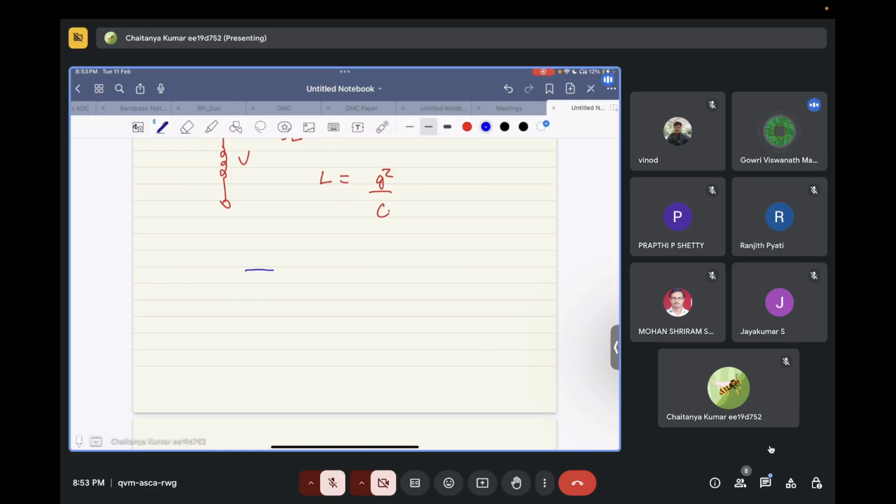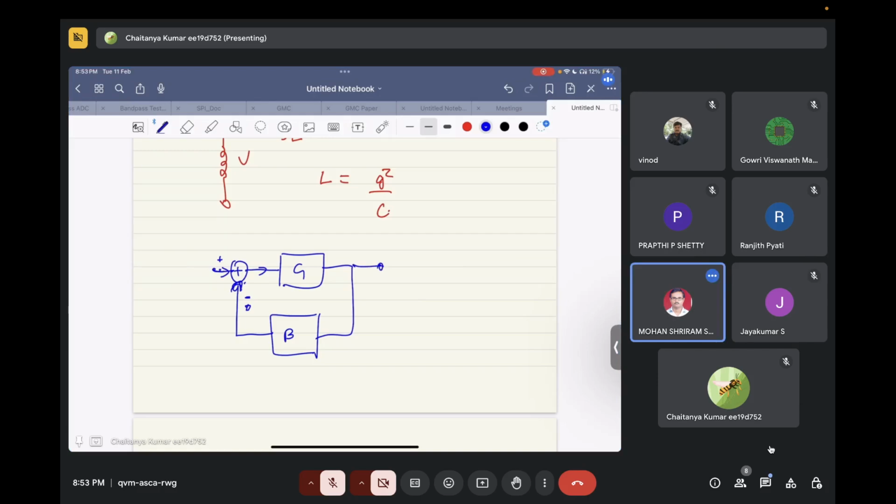How does our feedback system look? We have some gain, we have some beta over here, and we measure the negative. So this is how a feedback system looks, right?